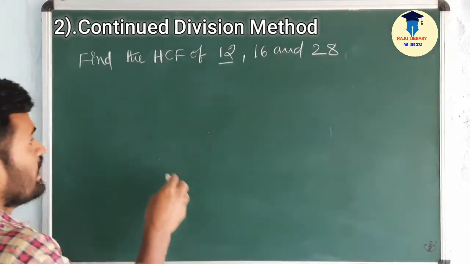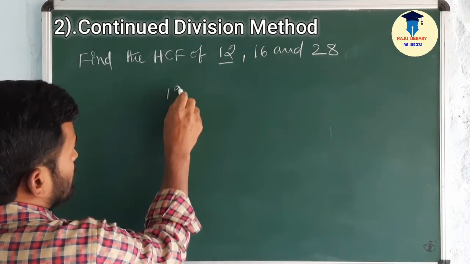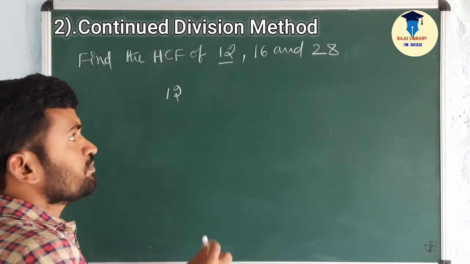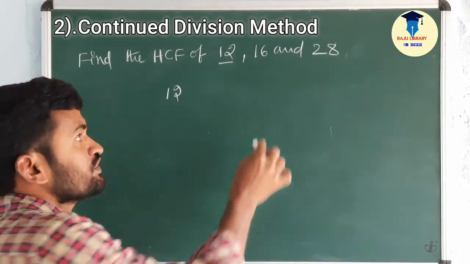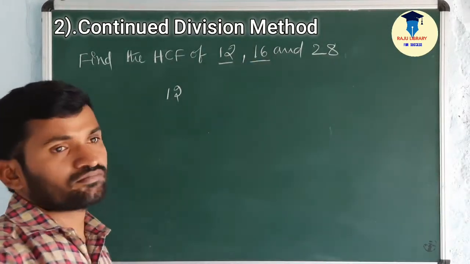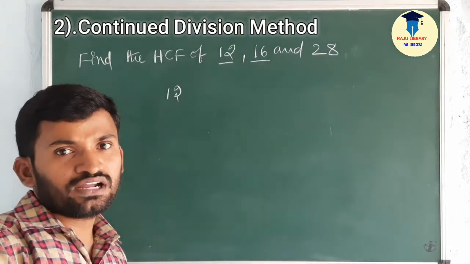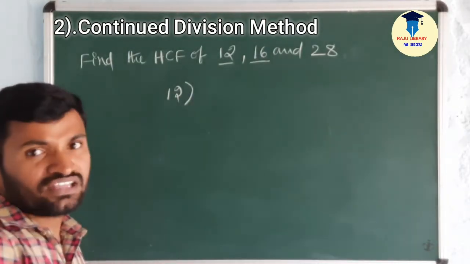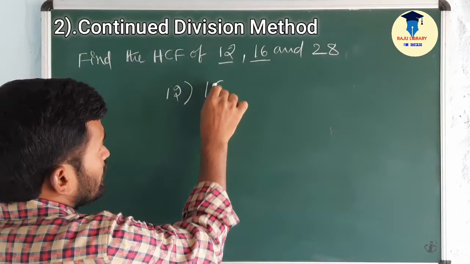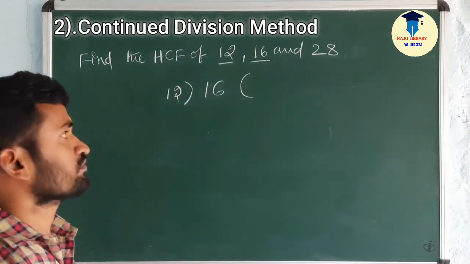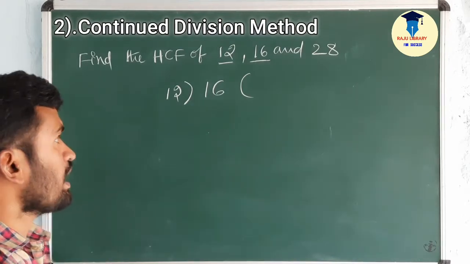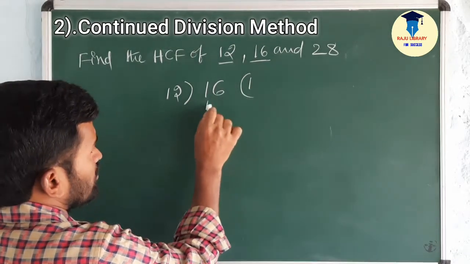So first take the two smallest numbers. 12 and 16 are smaller than 28. So first of all find the HCF of two numbers. Here we take 12 as a divisor and 16 as a dividend. 12 1 ja 12.